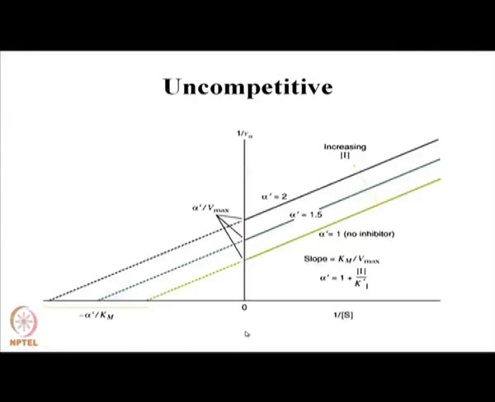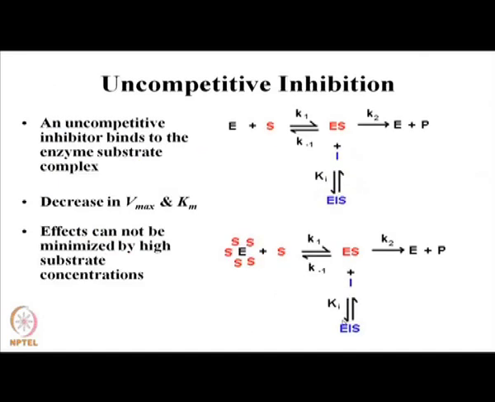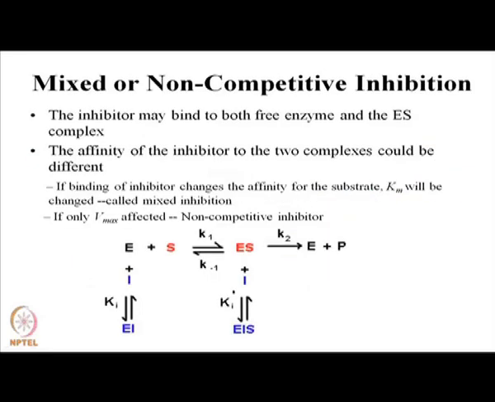But remember, for your uncompetitive, the situation is like EIS. So, only the inhibitor binds over here with enzyme substrate, but not with your free enzyme. But here, non-competitive or mixed fashion, you see that the inhibitor binds with ES and E with different rate constants, equilibrium constants, EIS and EI.